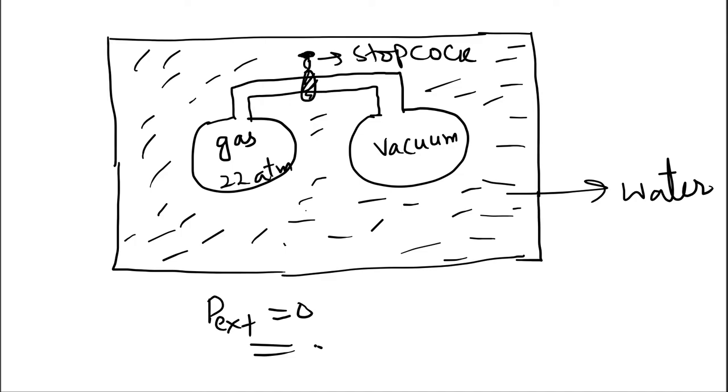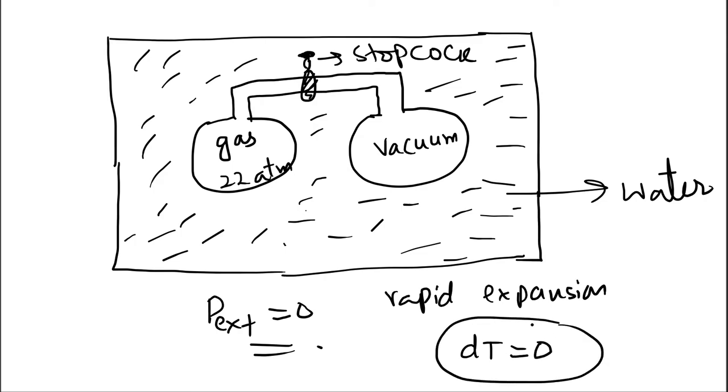There will be a rapid expansion, and the gas fills the second copper vessel also. So in this process, there is no temperature gain or temperature loss in the water. What does it indicate? There is no change in the temperature.